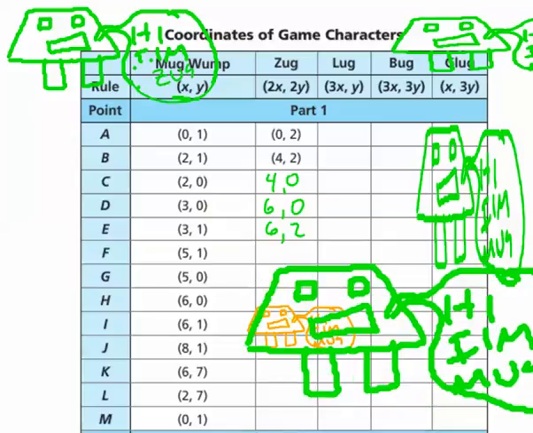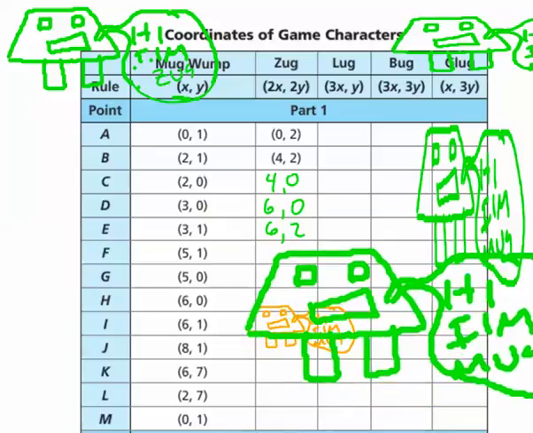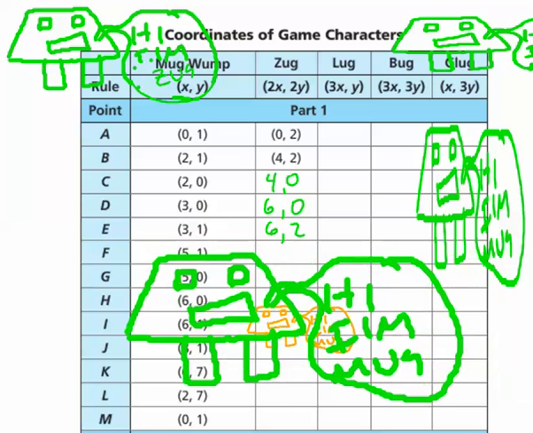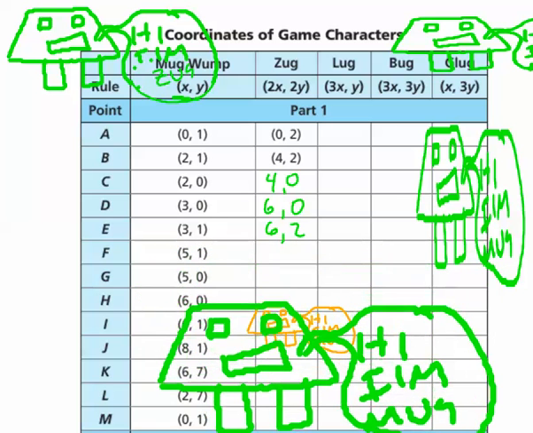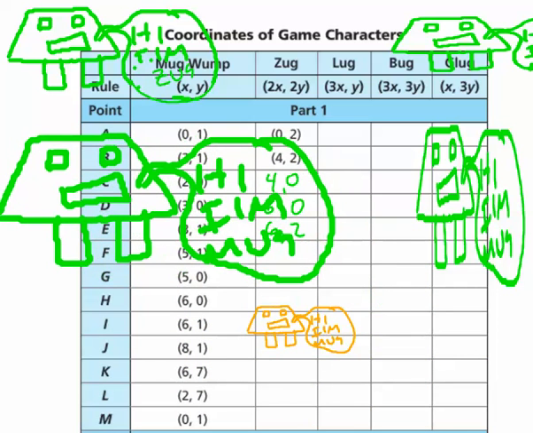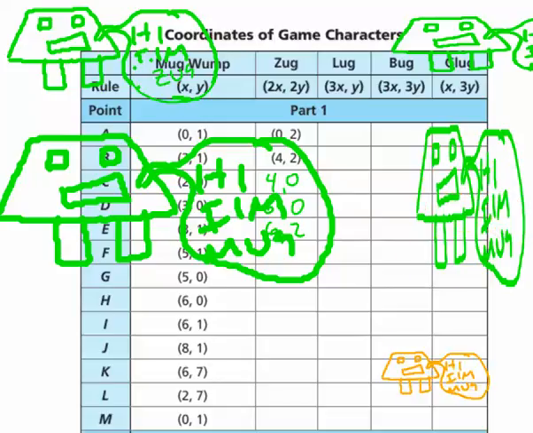All right, fine. And lo and behold, look, the angles match again. Yay, therefore, Bug is similar. And then for Glug, also known as Thug, his angles are not similar at all. And so therefore he is an imposter.